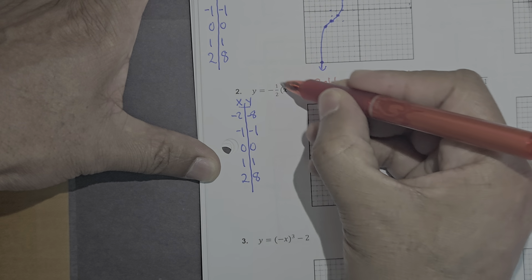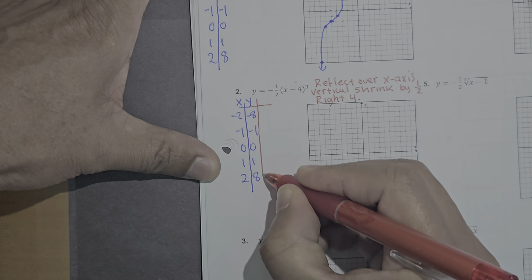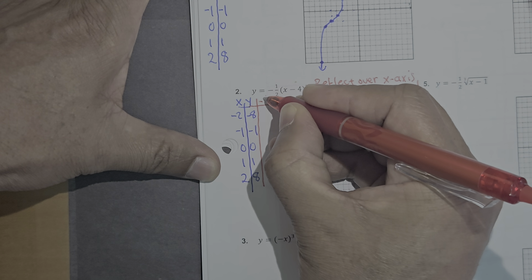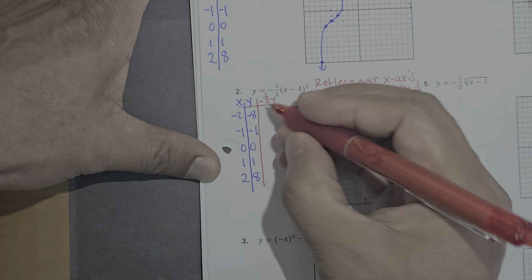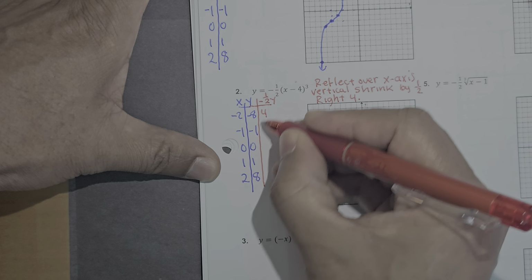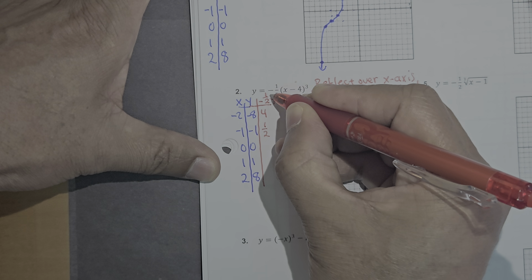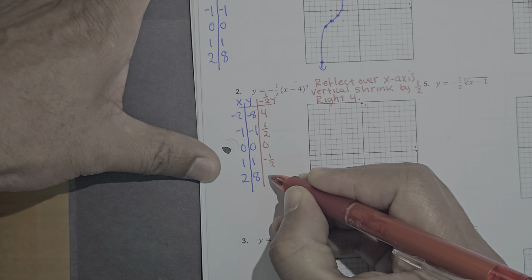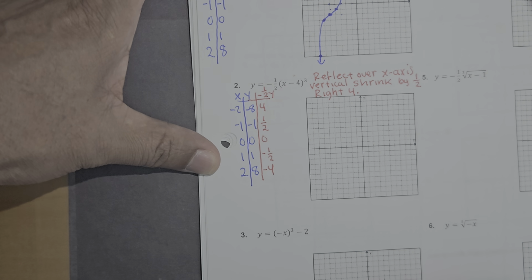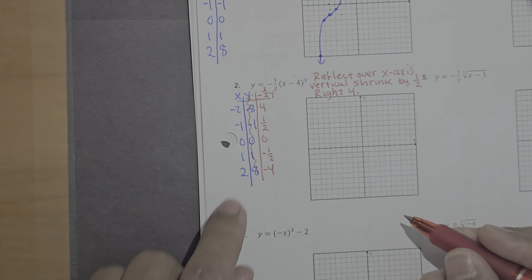Now take into account this 1/2, and it's negative, so that means we multiply each one of the y values by a negative 1/2. Okay, negative 1/2 times negative 8, that's positive 4. Negative 1/2 times negative 1, that's positive 1/2. Negative 1/2 times 0, 0. This changes to negative 1/2, and 8 changes to negative 4. So then I'm going to go back and cross out this column because I won't be using that column.